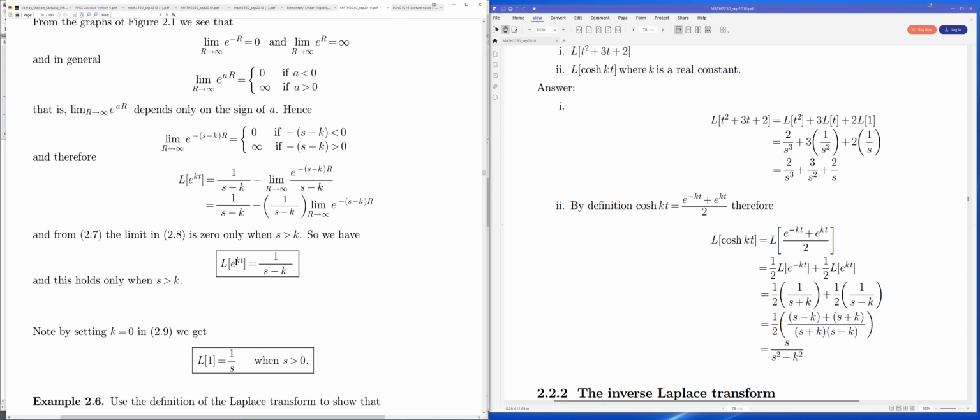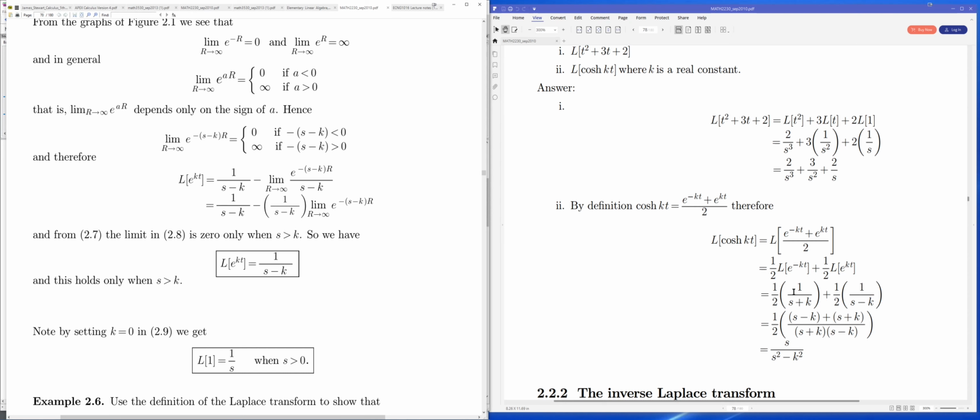So I'd replace this k by minus k, and then I'm going to get minus minus k, which is plus k. So the Laplace of e to the minus kt is 1 on s plus k, which is this 1 on s plus k.